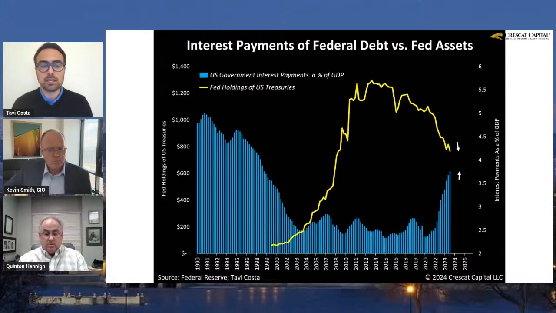At what point do we see the white line start to rise? Because the blue bars are already at levels that become an issue for the government. Today, almost 4% of GDP is being used to pay interest on debt, just to give you a sense of how significant this is.